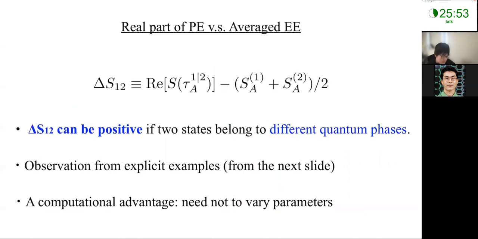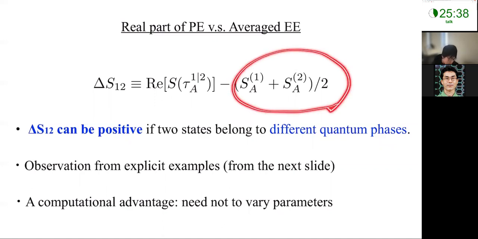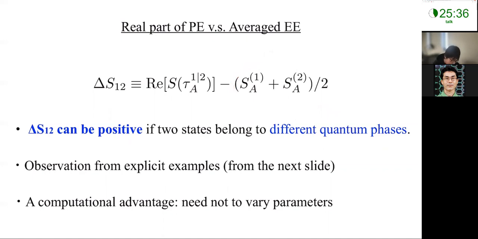Okay, so for this, let me define the following quantity. We take the real part of the pseudo entropy, like this, and we subtract the averaged entanglement entropy. Here I have in mind a transition matrix given by two states, and taking the reduced density matrix for this.